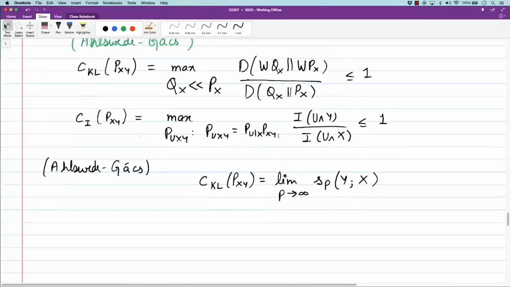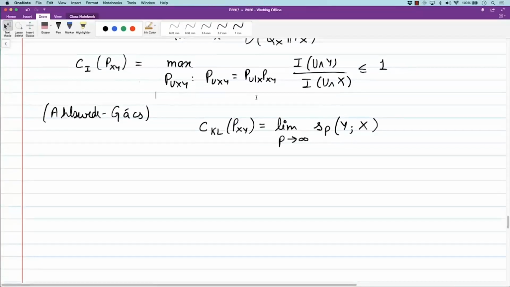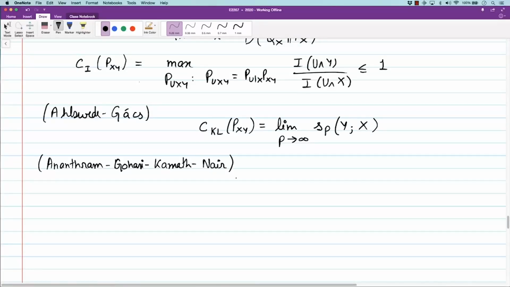That's quite interesting. So this strong data processing constant gets connected to the hypercontractivity constant, and later it was shown by, I think, Venkat Anantharam, maybe Amin Gohari, and Sudeep Kamath, Chandra Nair, this is very recent, about 2013 or so, that this one itself is also equal to the limit as p goes to infinity of sp yx.